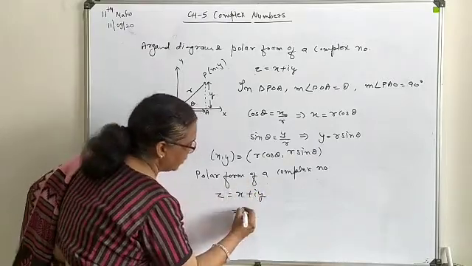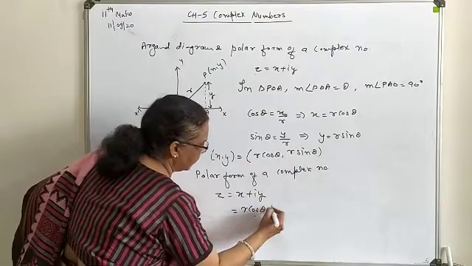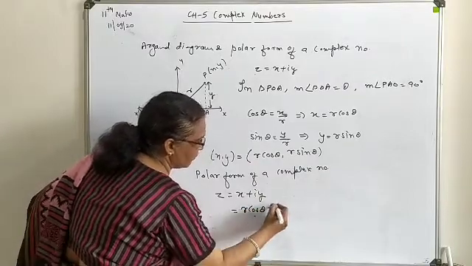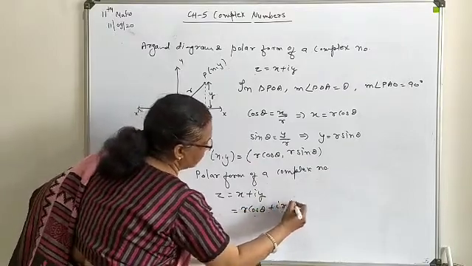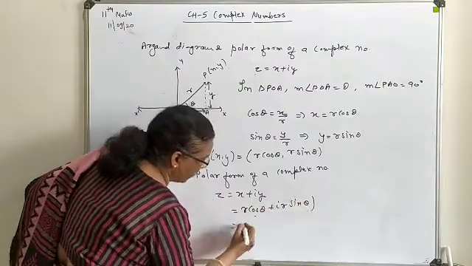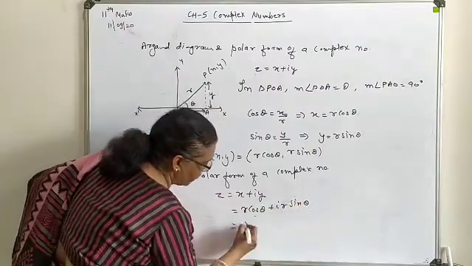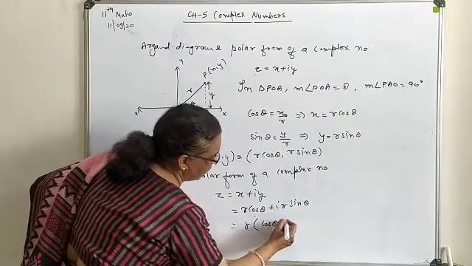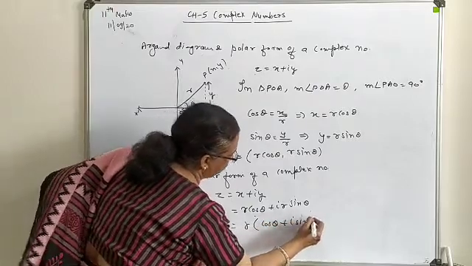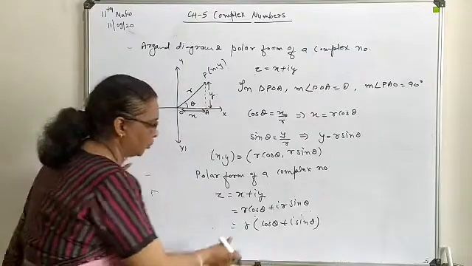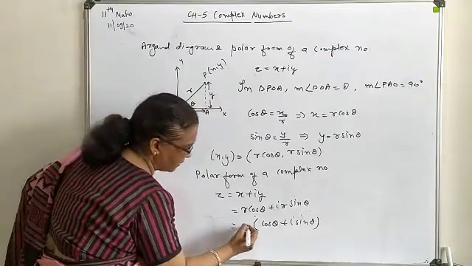X was what? r cos of theta plus iota r sin of theta. From here r we can take common. So what will you have? r times cos of theta plus iota sin of theta.